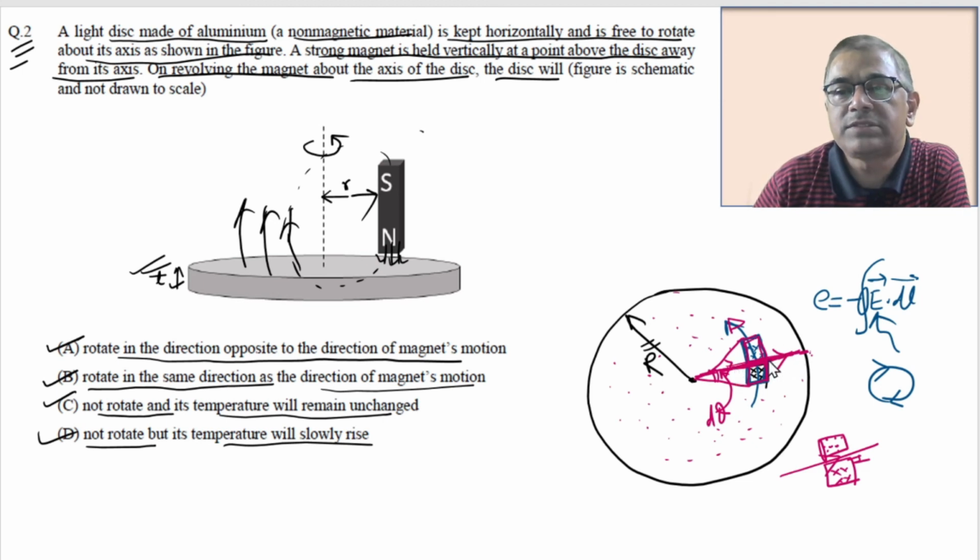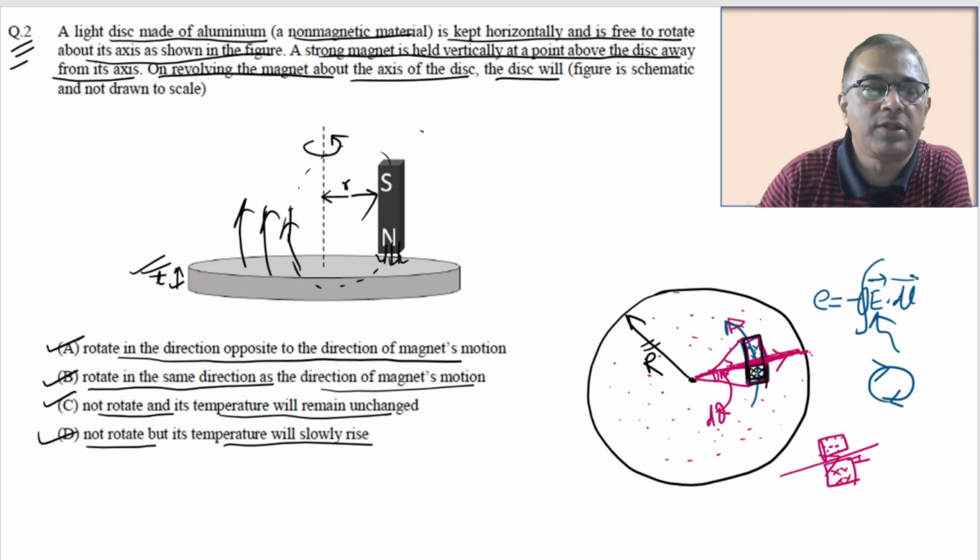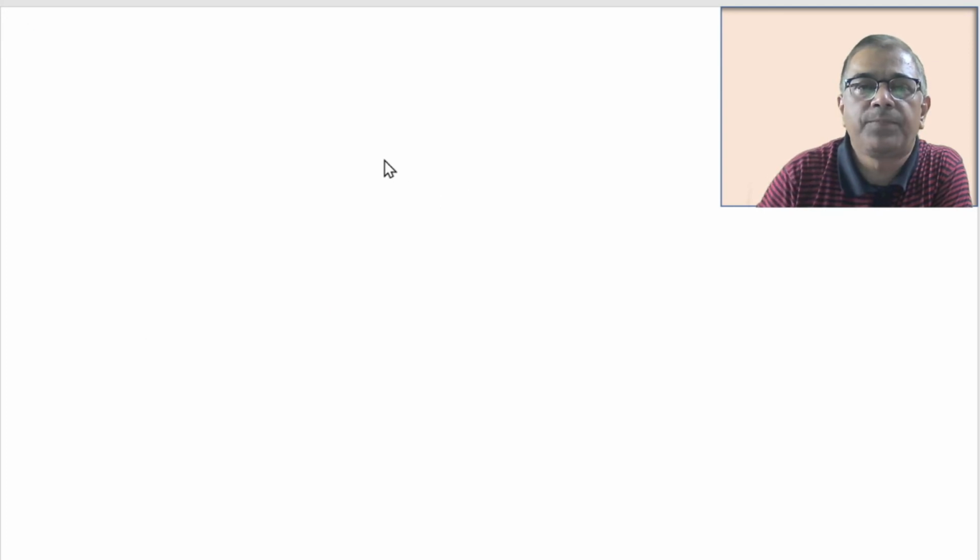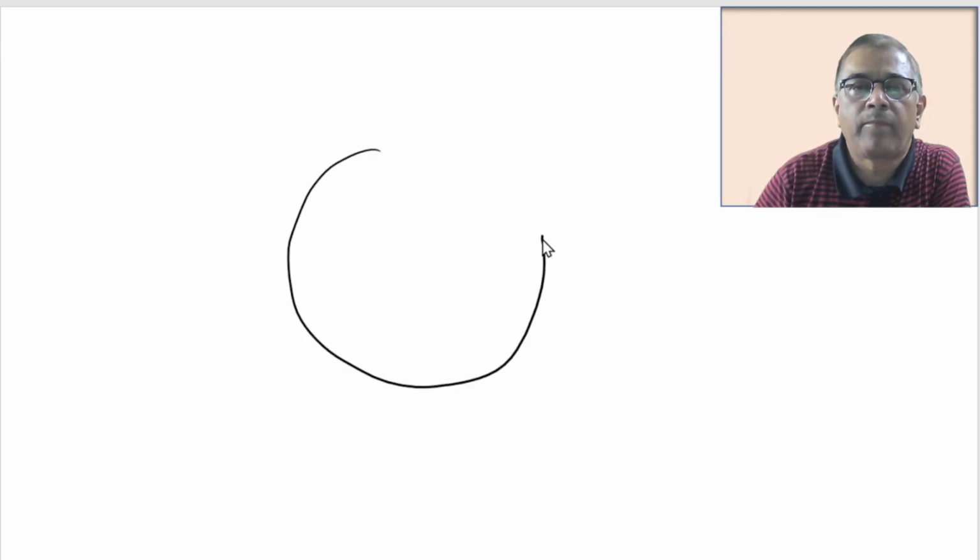Now, because the current is radially outward, what it really means is the electrons should be moving in the inward direction. Let me draw this separately for you.